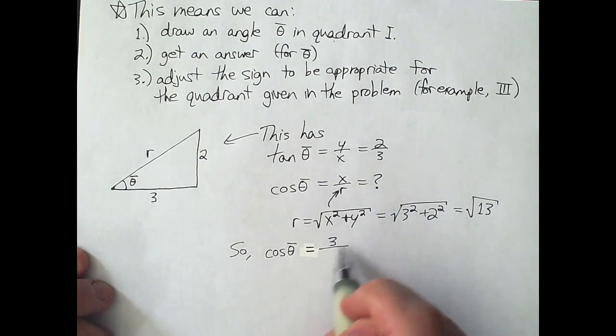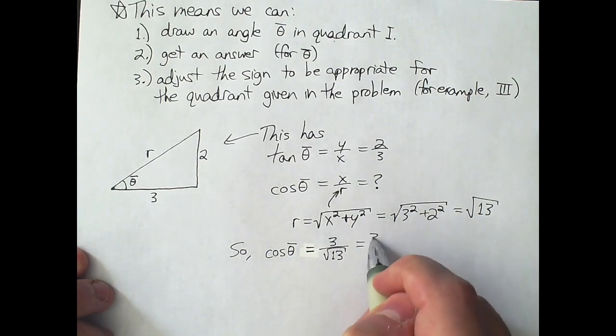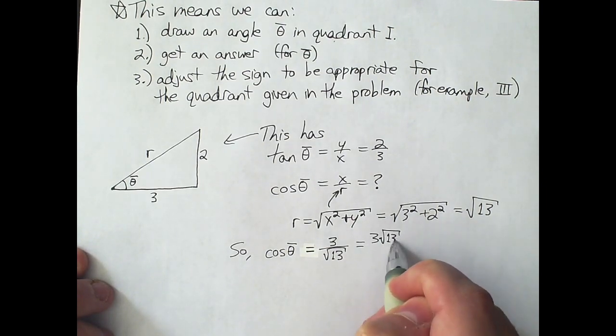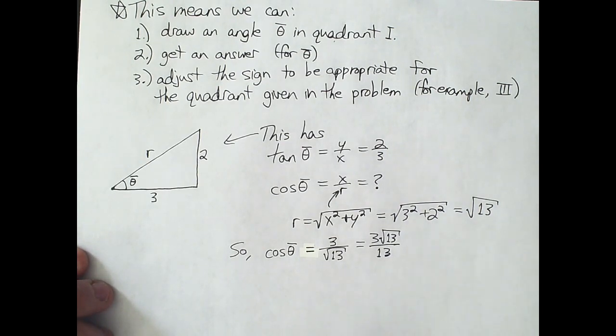So 3 over the square root of 13. Again, multiply by the square root of 13 over square root of 13. This is going to give us 3 root 13 over 13. Let's take a quick look to see if we could simplify it. 3 over 13. Does that cancel in any way? No, I think we need to leave it like this.